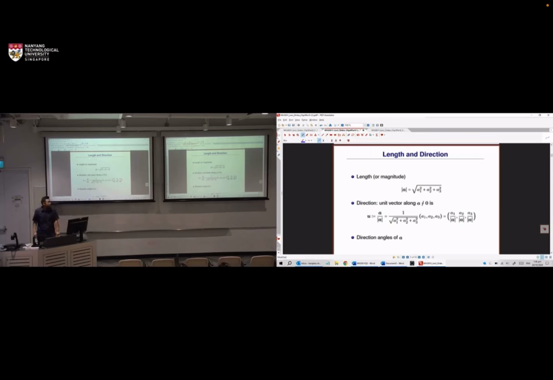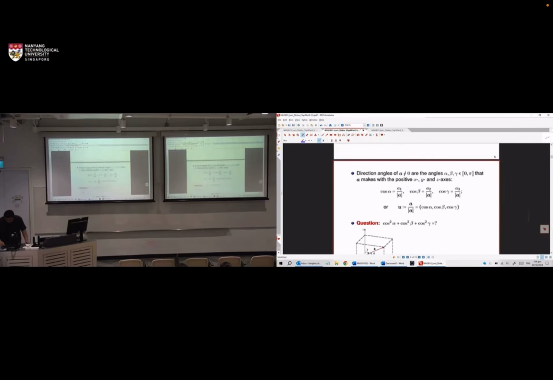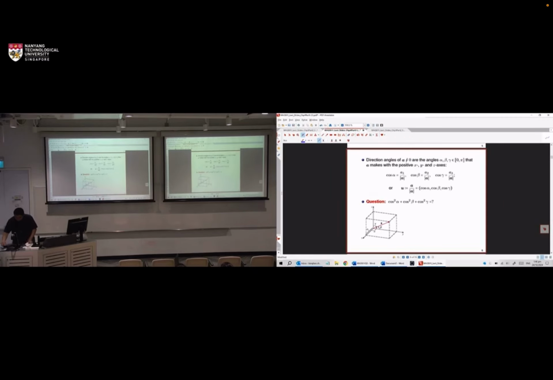Then the direction angles of vector A. These should have been done before. I'm just doing a quick revision.